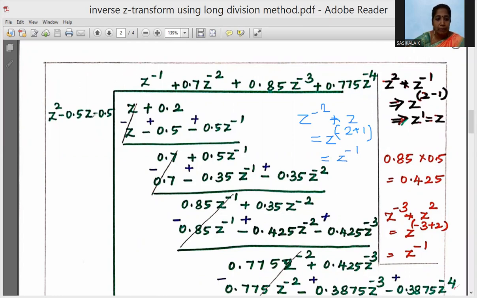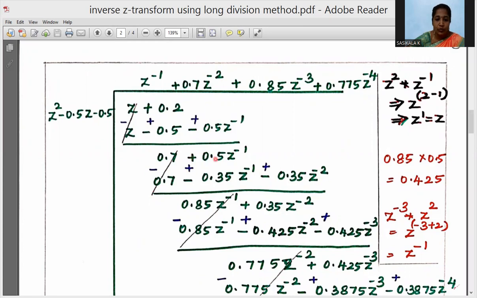So when you multiply Z into Z power minus 2, you will be getting Z power minus 1. The next one, minus into plus, minus 0.5 into 0.7, we will be getting 0.35 Z power minus 2. Now change the sign. Here it is minus, plus and plus. This term will get cancelled, that is, 0.7 will get cancelled.